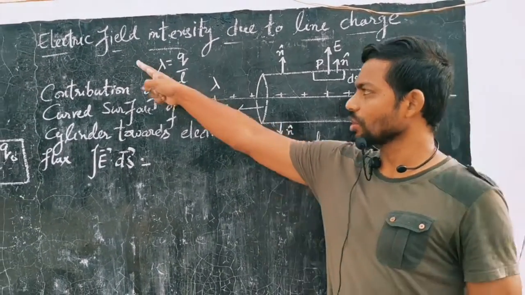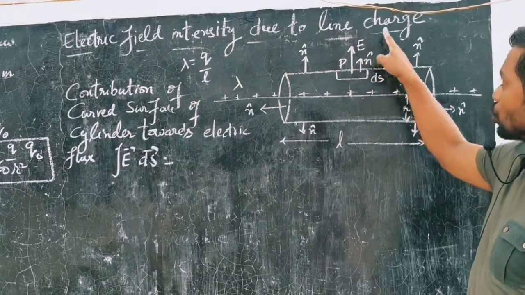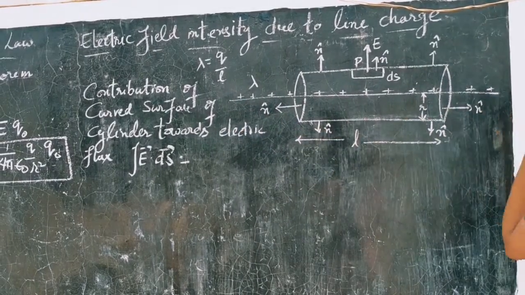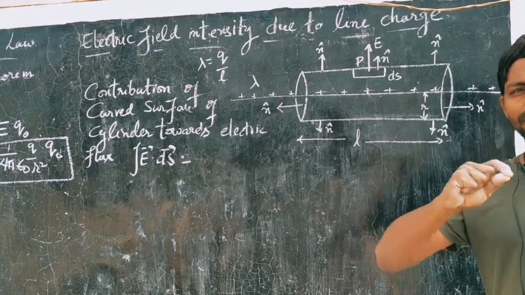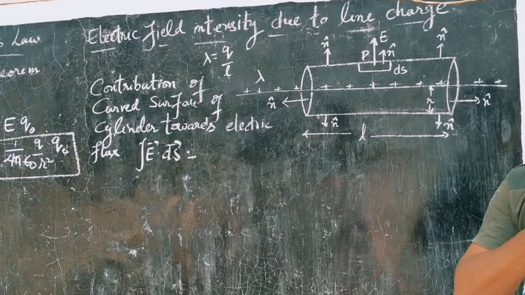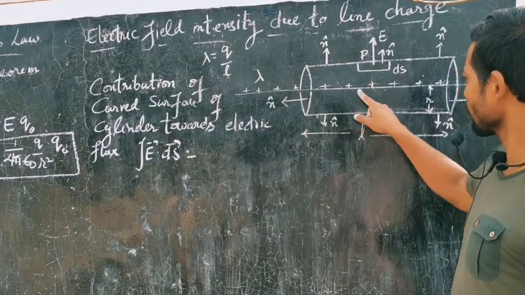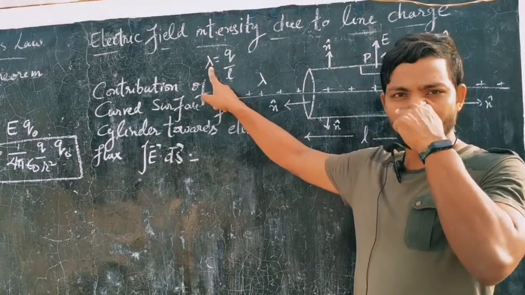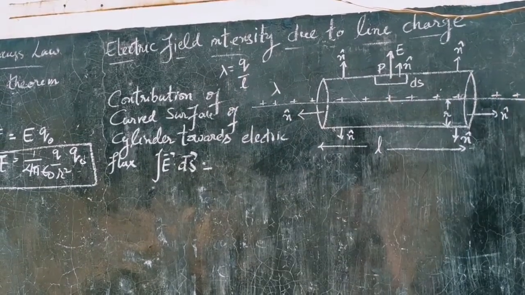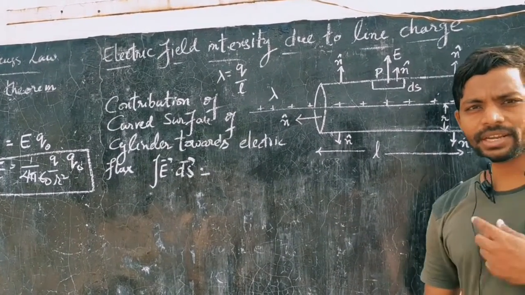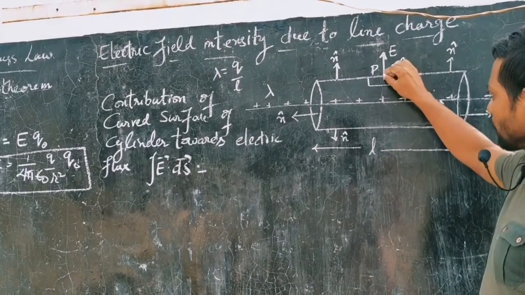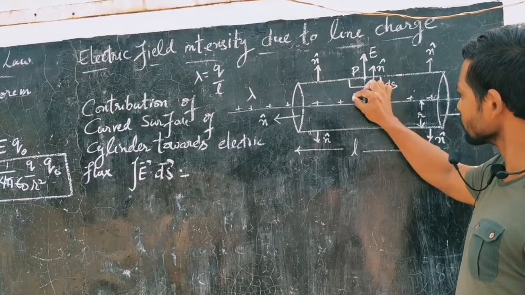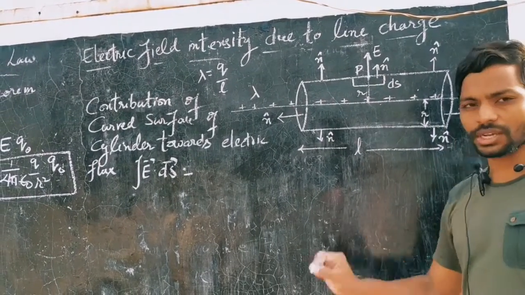First we will try to compute electric field intensity due to a line charge. Let us say this is the line charge. If we consider a thin rod on which a charge is distributed uniformly with a uniform line charge density, that is lambda is equal to q by L. So now our aim is to find electric field intensity at some point P, which is at a perpendicular distance r from this line charge, right?